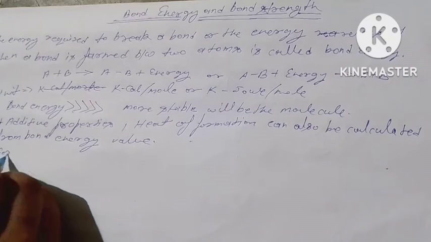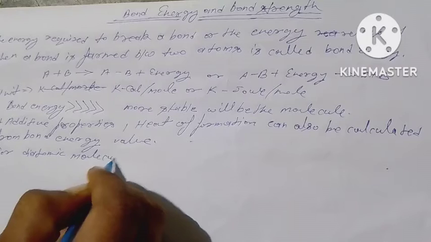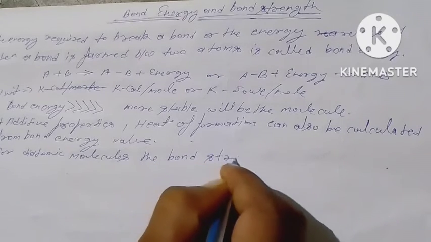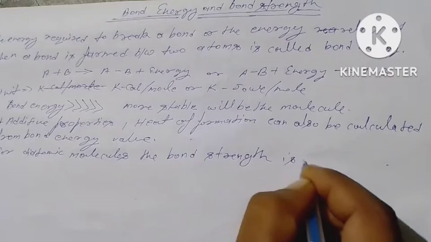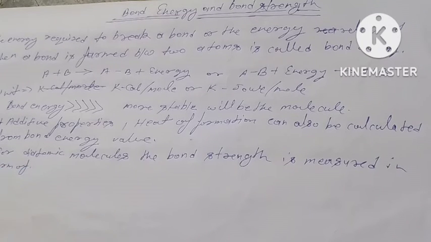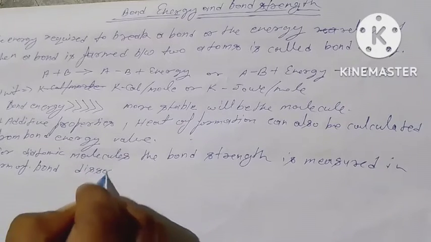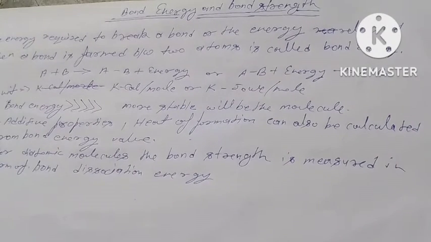The larger the bond dissociation energy, the stronger the bond in the molecule, and the bond energy indicates the stability of the bond.